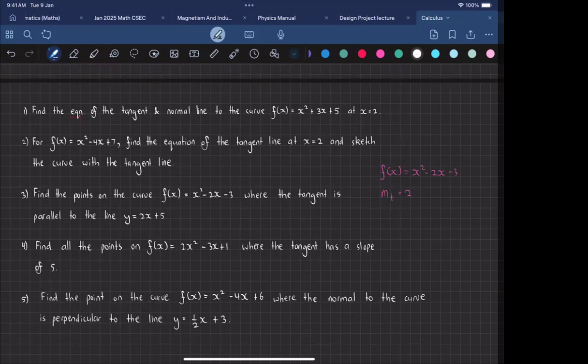You could take out the gradient. Explain. Well, they say the tangent line is parallel to the other line, and they give you the gradient of that line.